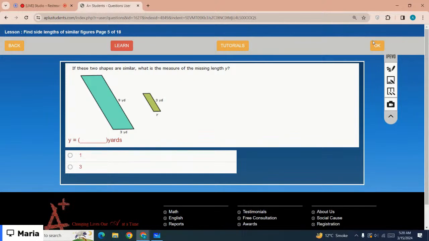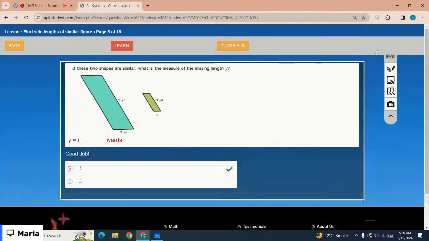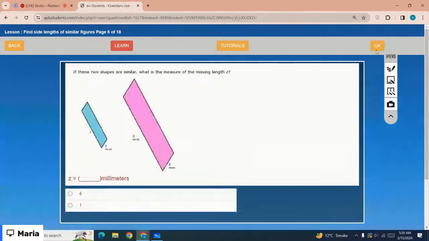The correct option is Y equals 1. If these two shapes are similar, what is the measure of the missing length Z?